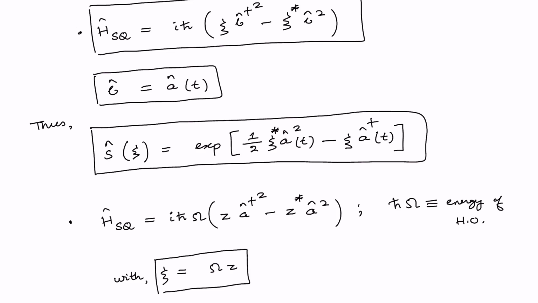If I take xi equal to ωz, then I can write this squeezing Hamiltonian in this particular form as well. In the next class, which will be a problem solving session, I will show you that indeed this Hamiltonian does the job of squeezing.